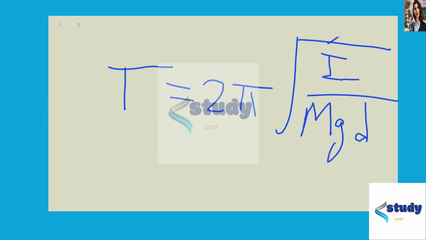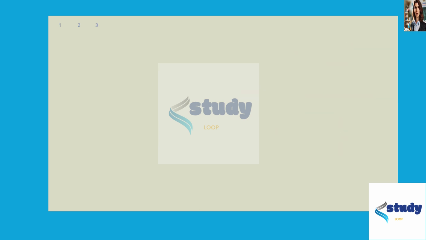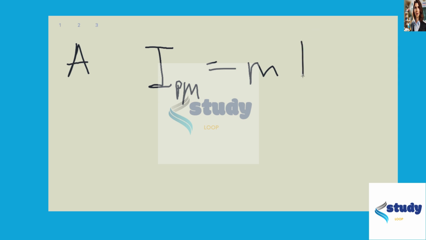So we can go ahead and calculate A. A is a little easier. It's pretty much as simple as remembering the moment of inertia for a point mass, which is just the mass of the point times d squared.